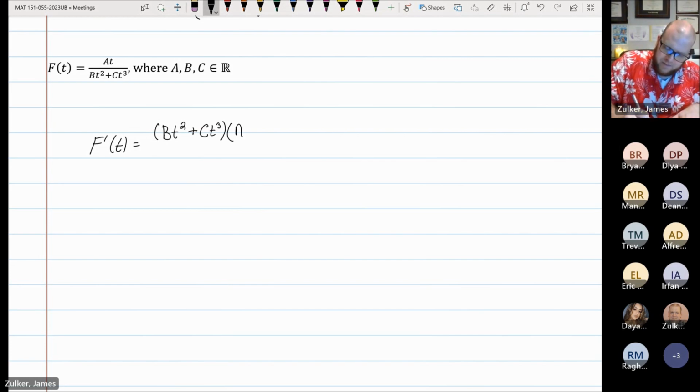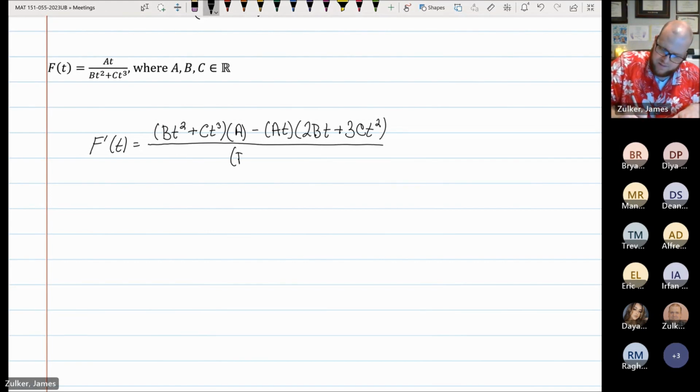Denominator times the derivative of the numerator minus the numerator times the derivative of the denominator, all over denominator squared.